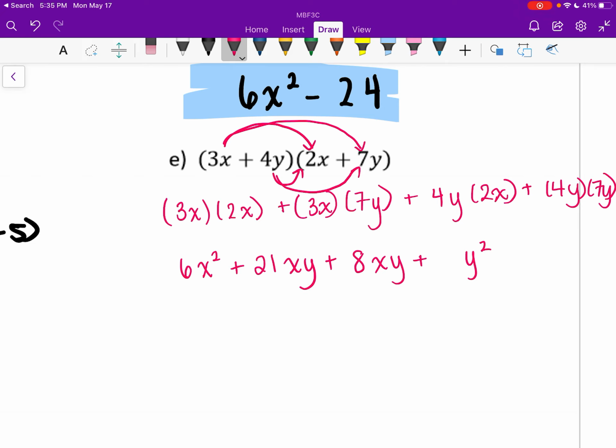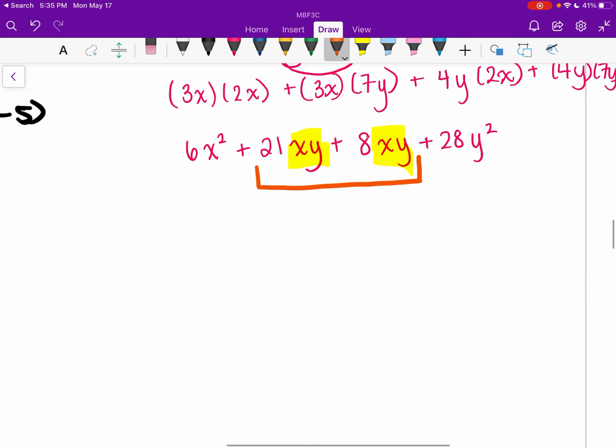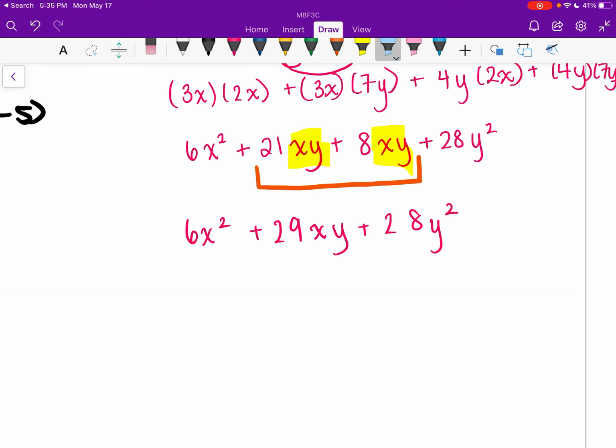And then 4 times 7 was going to give me 28. Right? Notice how we have two xy's here. So we can actually collect those terms, right? Where we can just add the two numbers or the coefficients together. 2x squared, the coefficient is 21 plus 8, which is 29xy, and then I'm left with 28y squared, and that's my answer.